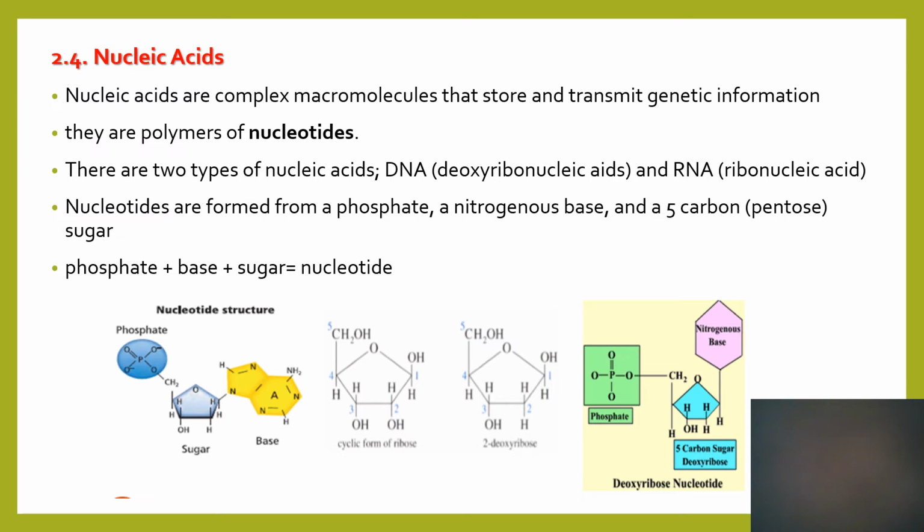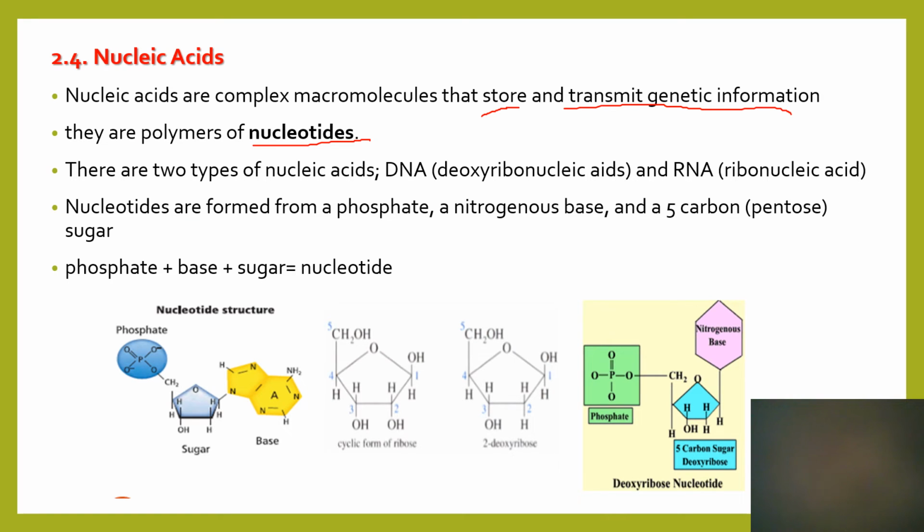Okay, this is nucleic acids. Nucleic acids are DNA and RNA, which are genetic materials that store and transmit genetic information from parent to offspring. These nucleic acids are polymers of nucleotides.